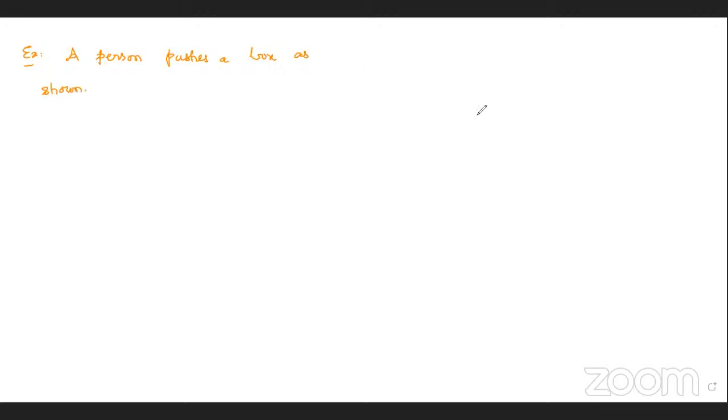Suppose if I take one platform here, and on this platform, this is a rough surface. A box is placed. This is one box. A person is pushing this box by applying some force.